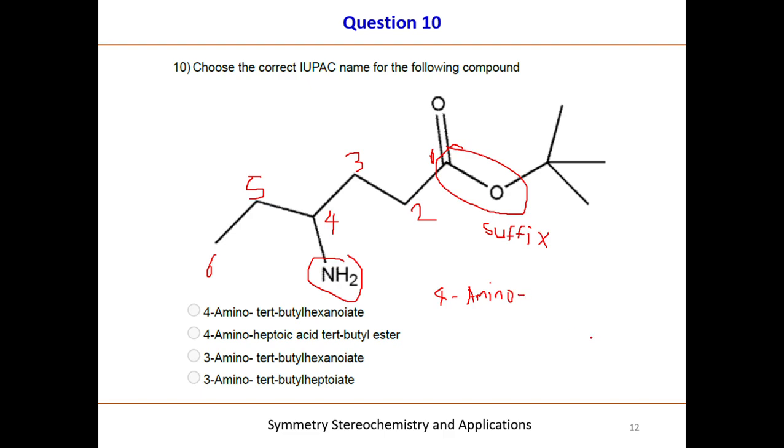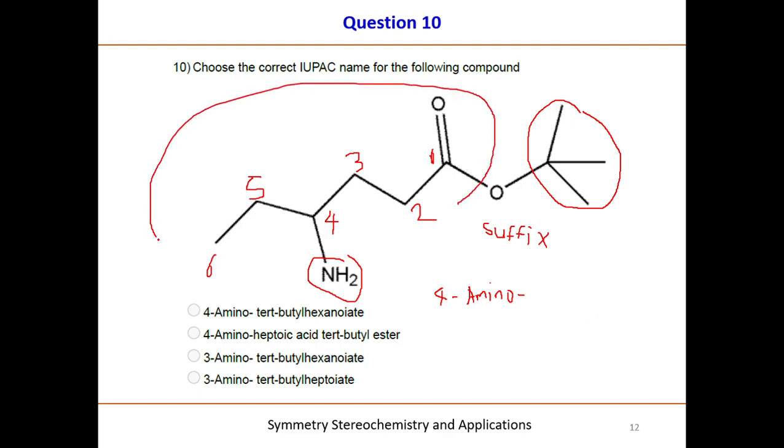Now we have to find out the other substituent or prefix present. You can see here this tertiary butyl group is present on the ester, right? If we consider this carbon, this is the longest linear chain. So at carbon number 1 we have this tert-butoxy group, right?